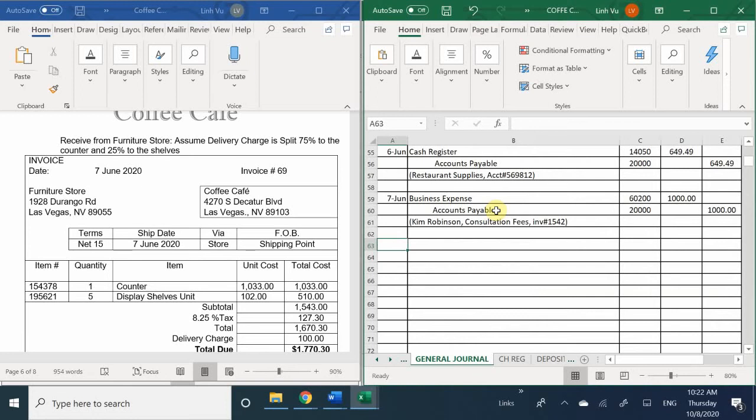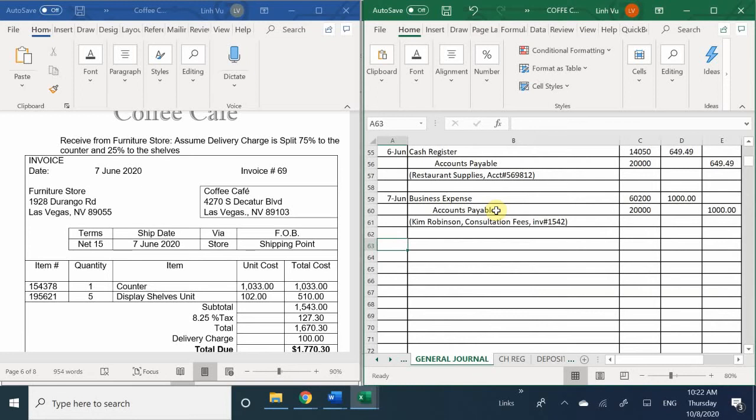And here they charged us sales tax, okay? And they also did a delivery charge of $100. So because I wrote in the description that this is how I want you to distribute the actual freight charges. Because think about it, a counter is going to weigh a lot heavier than simple display shelves.